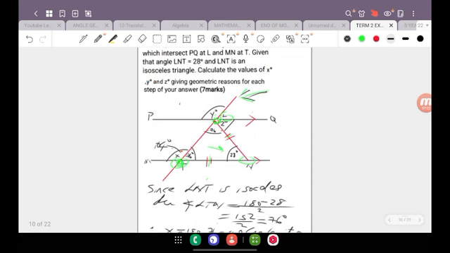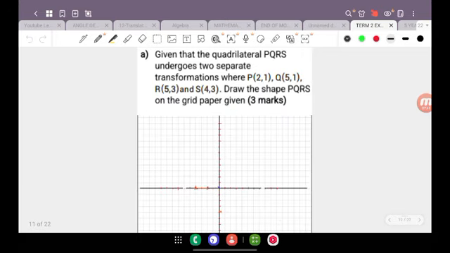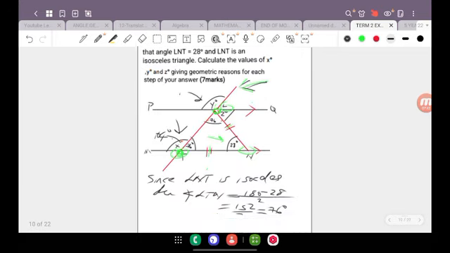If you pay very close attention to the position where angle Y is, and the position where angle X is, they are in relatively the same positions, but on different parallel lines. So we can confirm that angle X is in fact equal to angle Y.